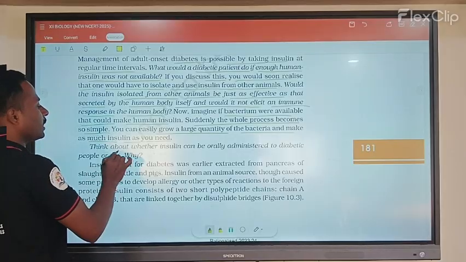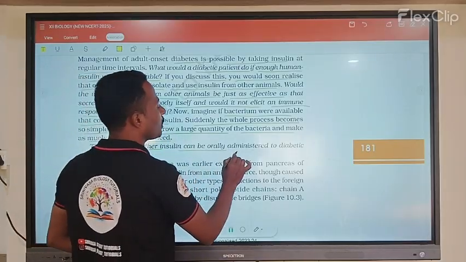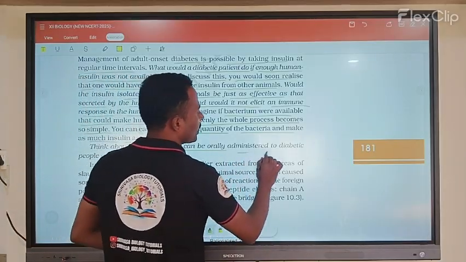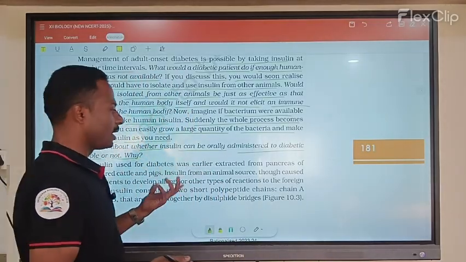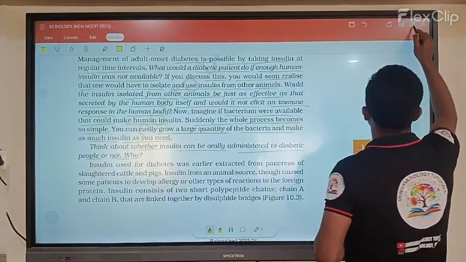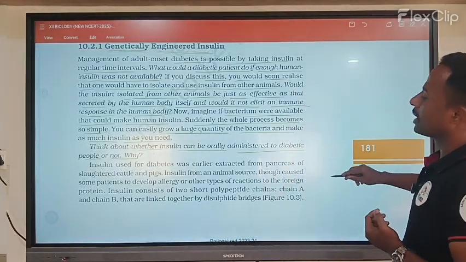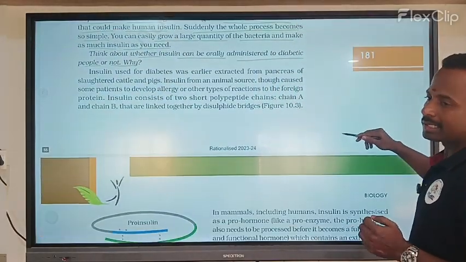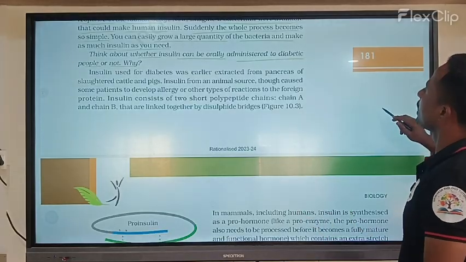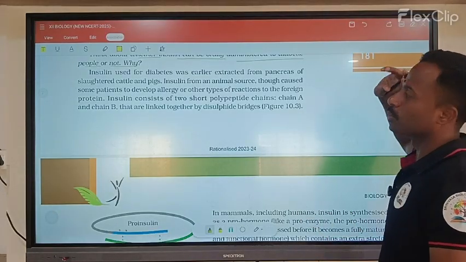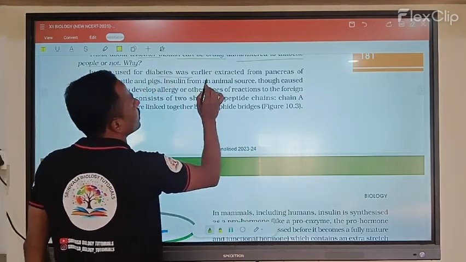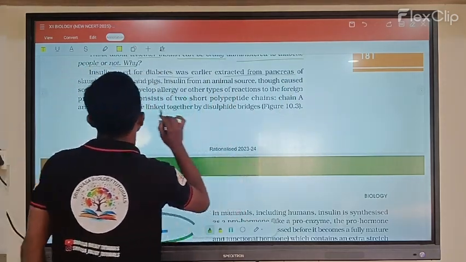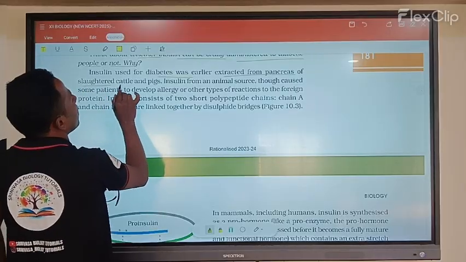Next, think about whether insulin can be administered orally to diabetic people or not. Why? Mostly we obtained insulin from animals, from slaughtered pigs and cattle, mostly from the pancreas. Insulin used for diabetic patients was earlier extracted from the pancreas of selected cattle and pigs.